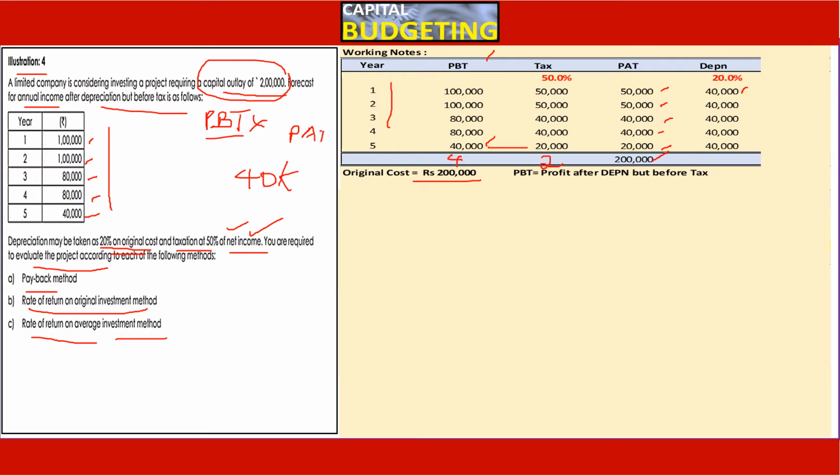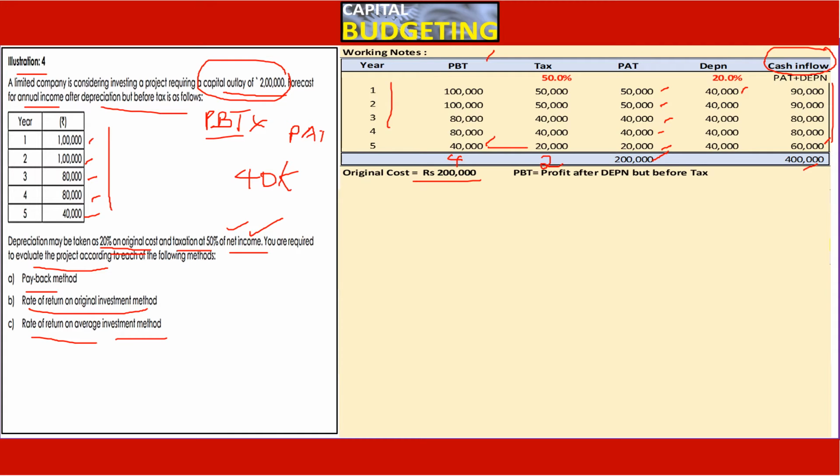All 5 years it remains constant, and PAT plus depreciation is equal to the cash flow, which has to be considered for capital budgeting. 50 plus 40, 50 plus 40, 40 plus 40, and at the end 20 plus 40, 60. Total cash flow comes to 4 lakhs over 5 years. Now this is the basic working.